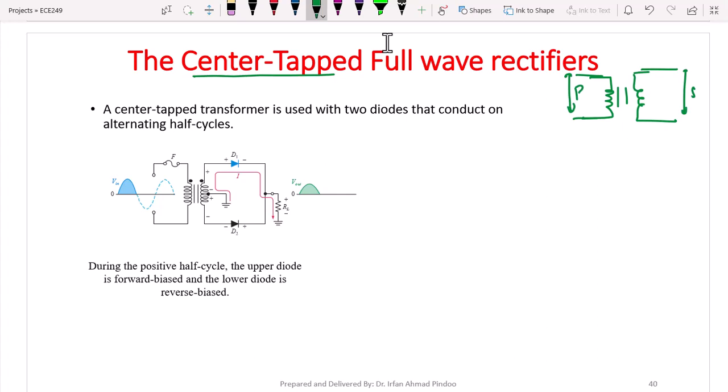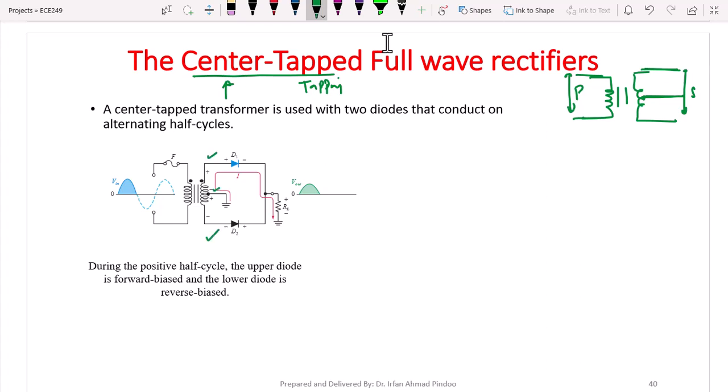This is a normal transformer. Now this is a center tap. Center tap means there is a tapping from the center of this secondary, so we have one more line coming. So it has two wires on the primary and three from the secondary. We have the first line, the second line, and the third line.